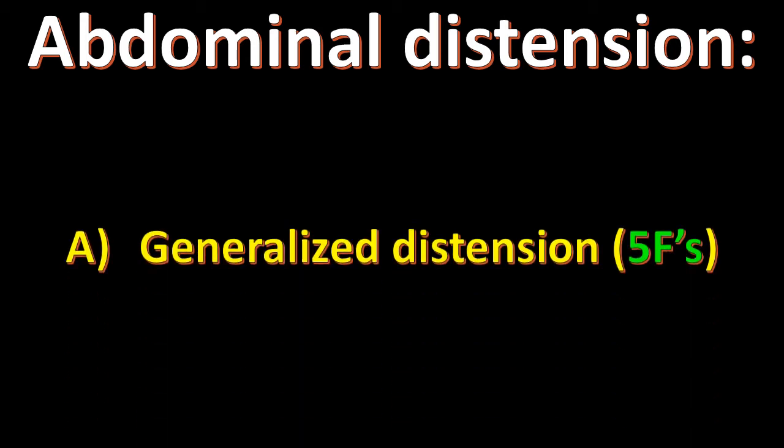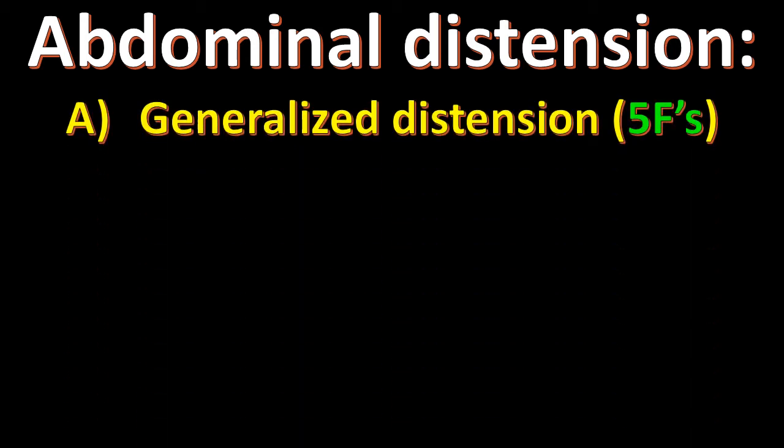Abdominal distension might be generalized distension showing 5 characters. Each one starts by the letter F. 5 Fs.